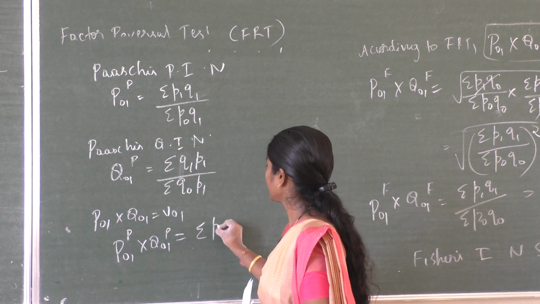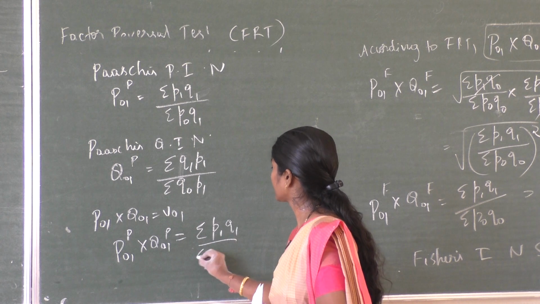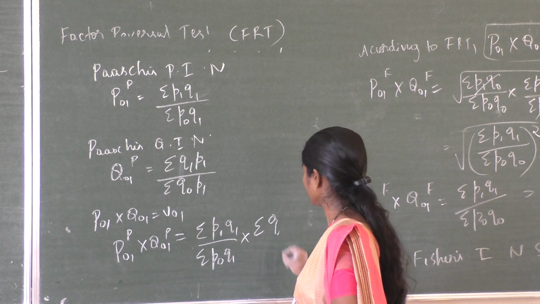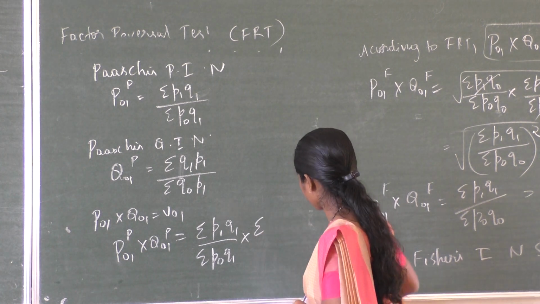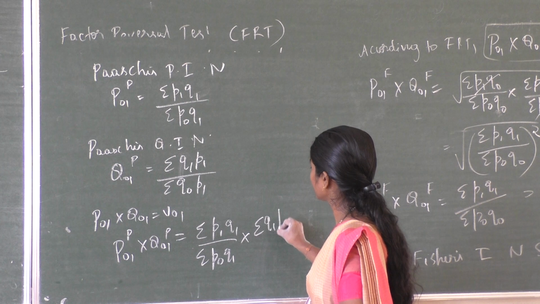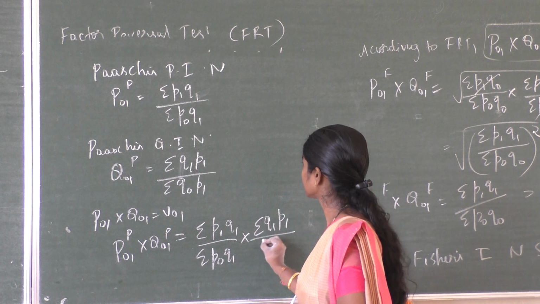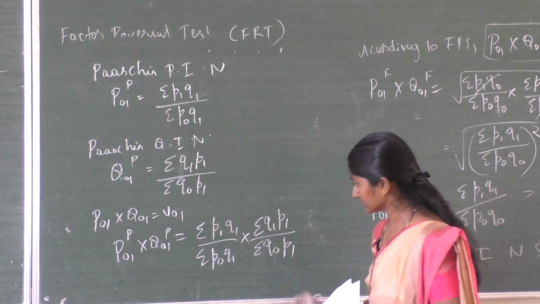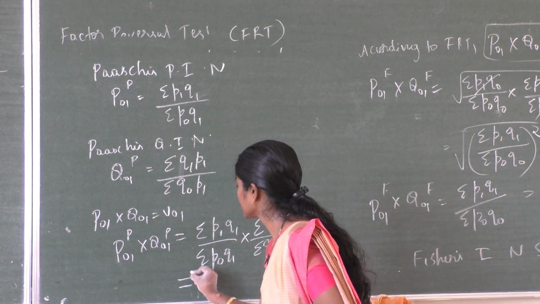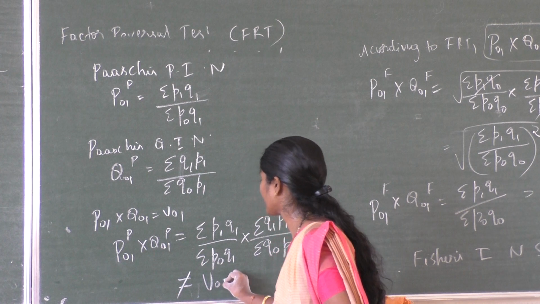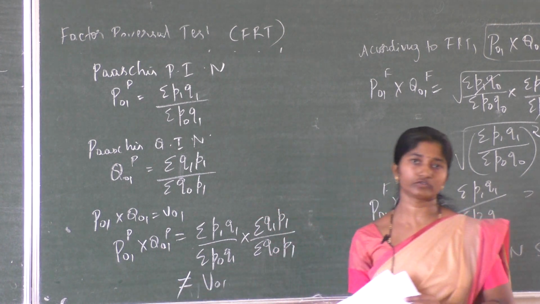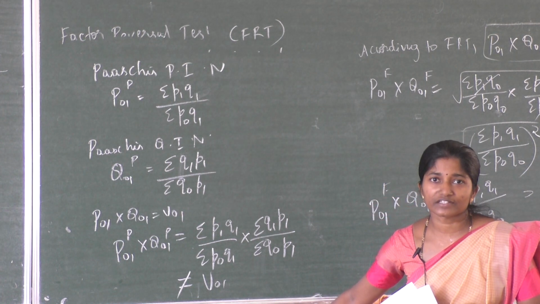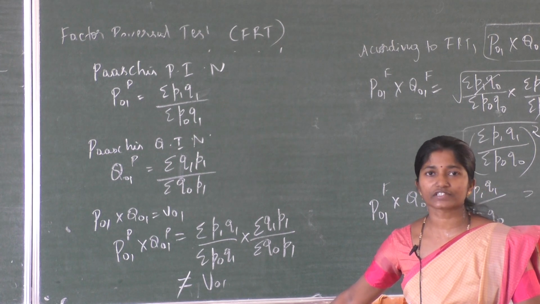Here, see, P1 Q1 divided by P0 Q1 into Q1 P1 over Q0 P1. So we cannot cancel here. Therefore, this one does not equal V01. Therefore, lastly we have to write: Paasche's price index number does not satisfy the factor reversal test.